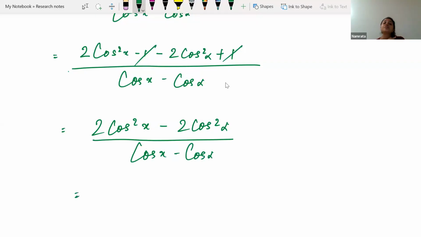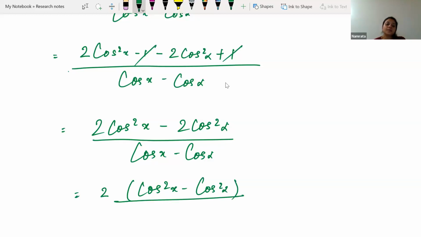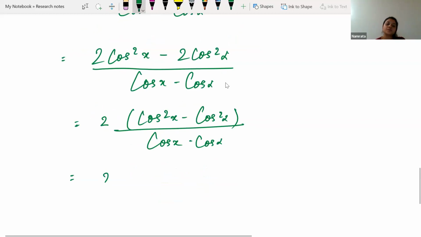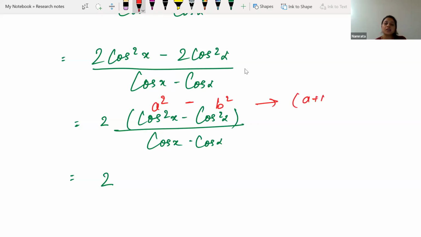From the numerator, 2 can be taken out as a common factor, so we have 2 times cos square x minus cos square alpha divided by cos x minus cos alpha. Does this look like a square minus b square to you? a square minus b square gives the formula a plus b in one bracket and a minus b in another bracket, right?